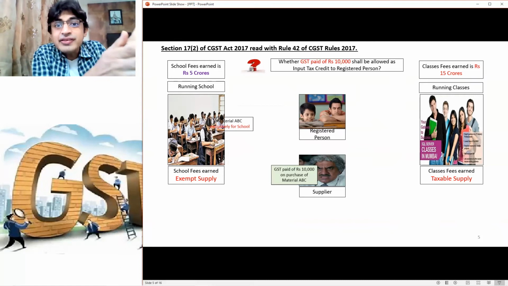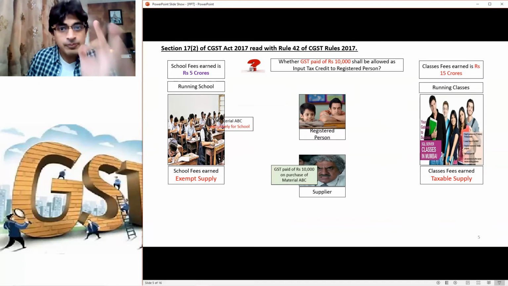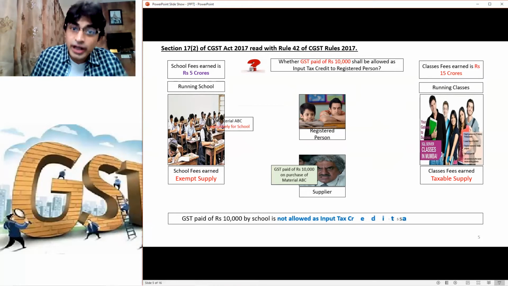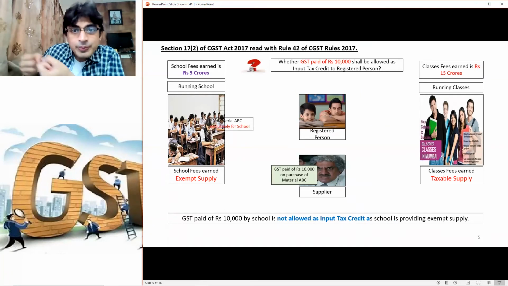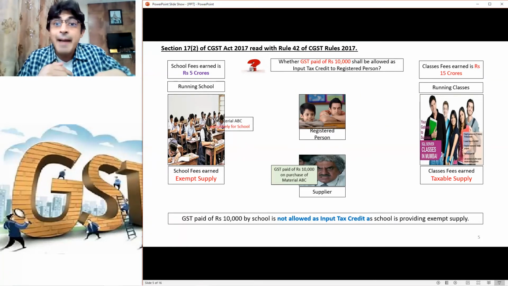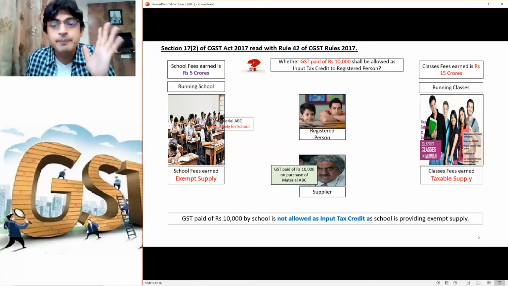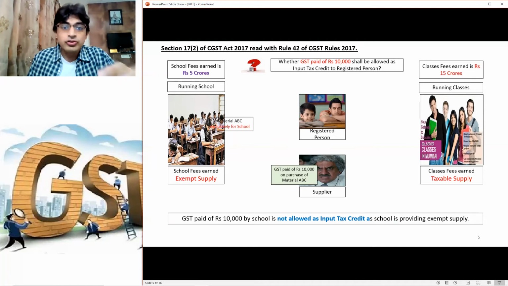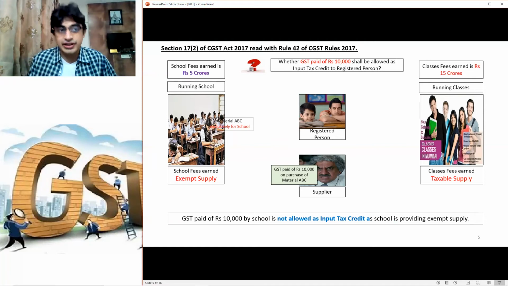This material is exclusively used for exempt supply. What do you think? Correct. Answer is: since the material is utilized for exempt supply, and GST is not going to come on school fees, whatever GST Amir paid on this purchase shall not be allowed as input tax credit. So this 10,000 he will not get as ITC.